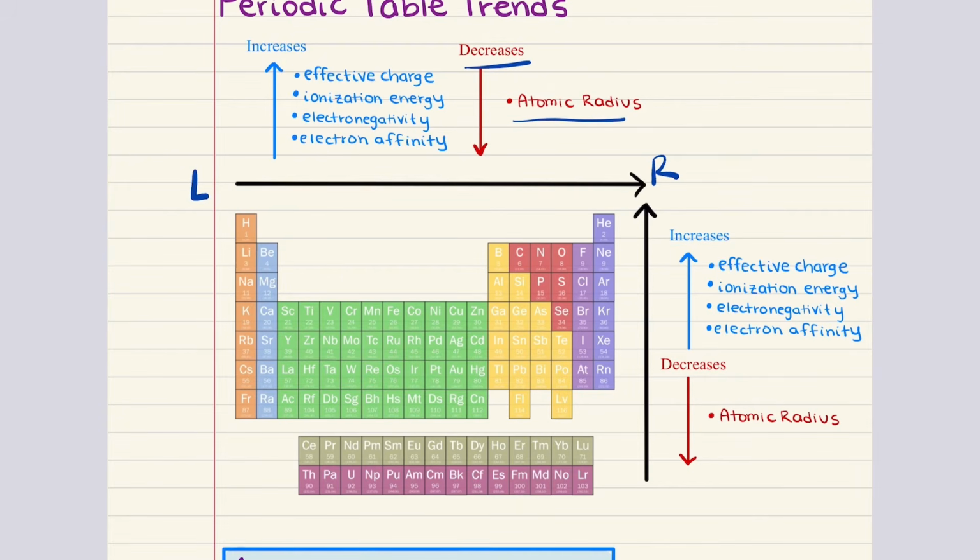This is due to the increase in the number of protons, which enhances the effective nuclear charge, thereby drawing those electrons closer to the nucleus. So let me help you visualize that. As you move across a period, you have lithium, which has 3 electrons.